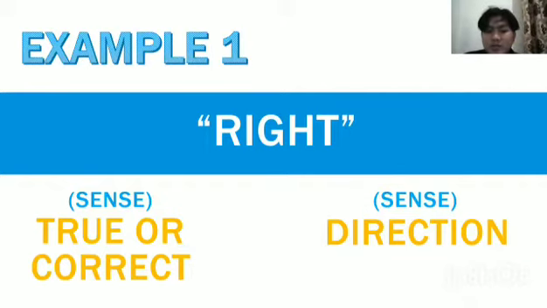The first meaning is true or correct, and the second meaning is direction. So it is called sense relation, where a word right can have a meaning true or correct, or direction.